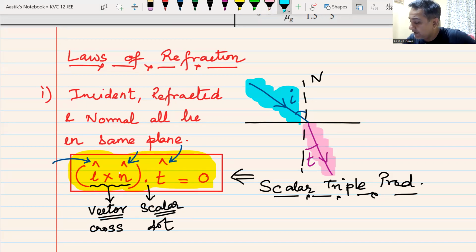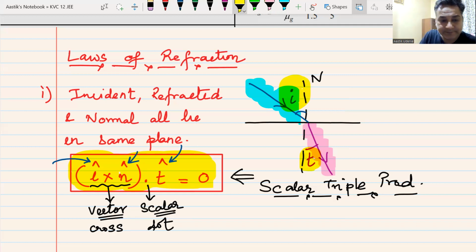Now, what I have done here is this: I is the angle of incidence in medium 1, and this T is the angle of refraction in medium 2. But if I reverse the light ray, T becomes the incident angle in medium 2, and I becomes the refracted angle in medium 1.